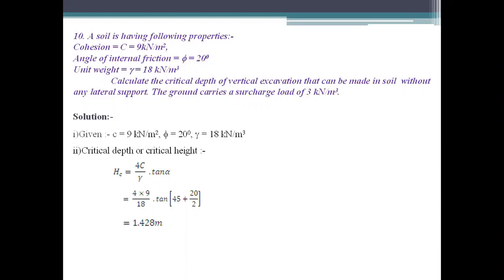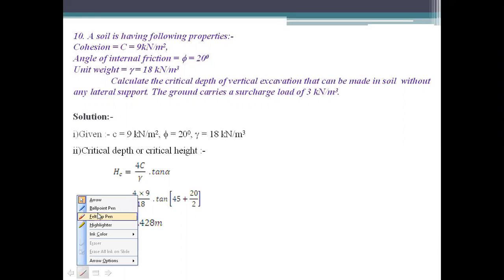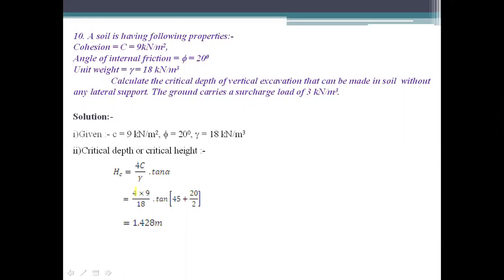So that's why here you can see that this is 4. C you have already been given as 9. Gamma 18 is given to you. Tan alpha. Alpha is 45 plus phi by 2, where phi is given to you as 20 degrees.